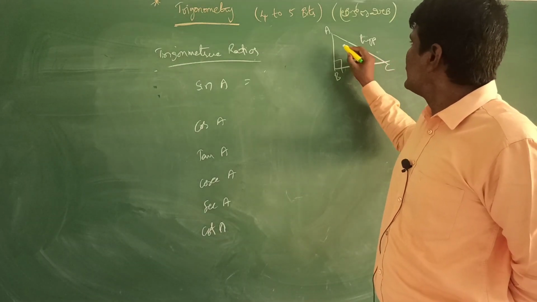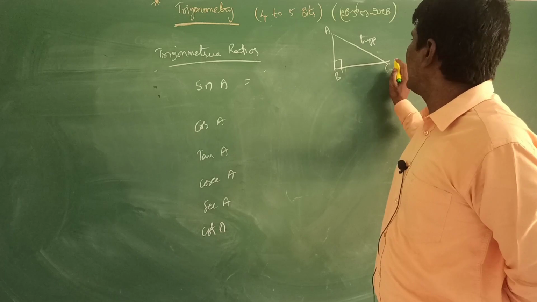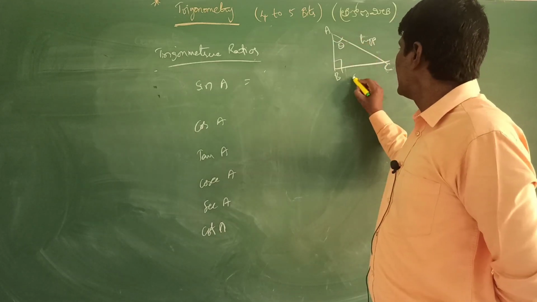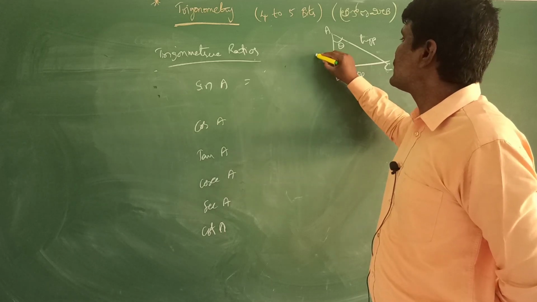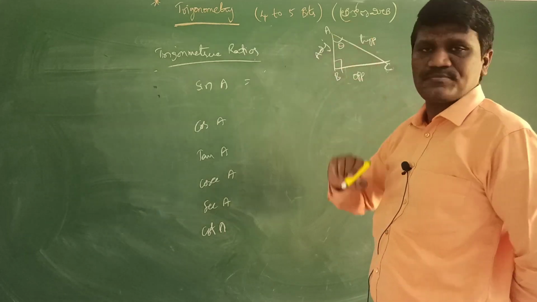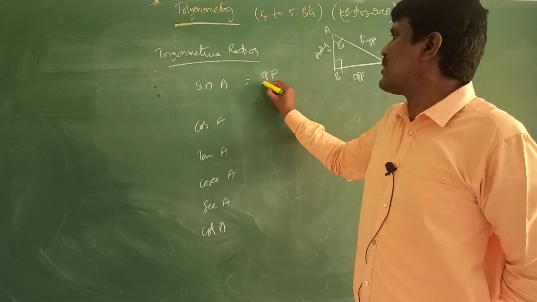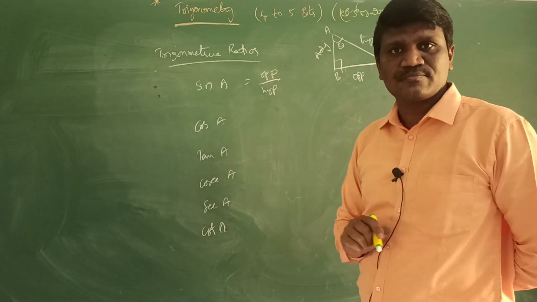If I take theta at A, this will be the opposite side and this will be the adjacent side. Now what is sin A? Sin A value is opposite by hypotenuse.